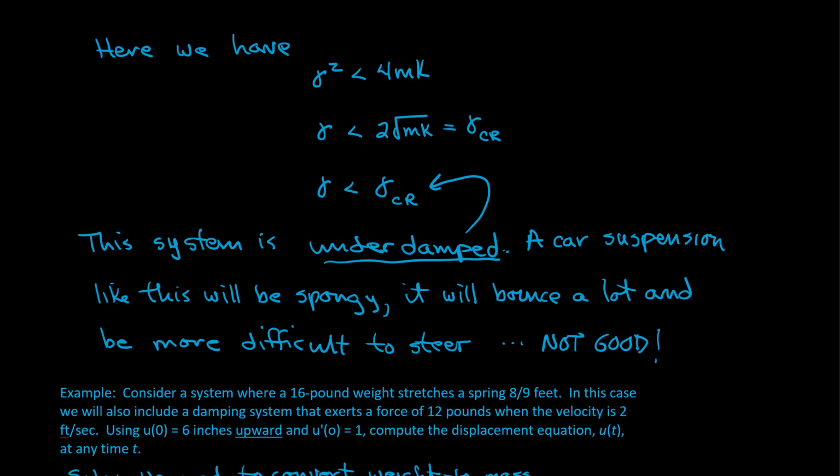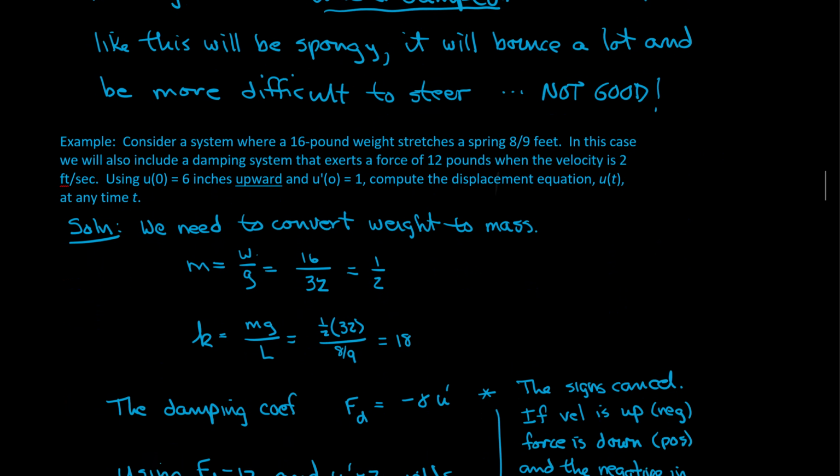This is called underdamping. In this case, the tire is going to bounce up and down several times. That's dangerous. Let's take a look at a couple of specific examples to see how this actually works.